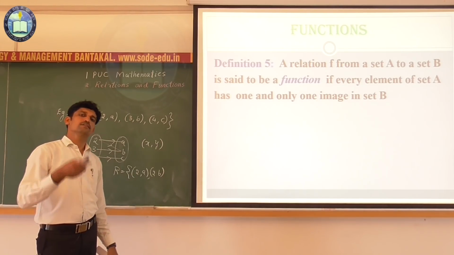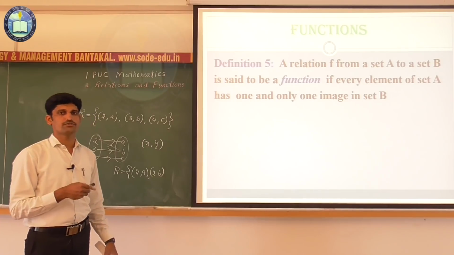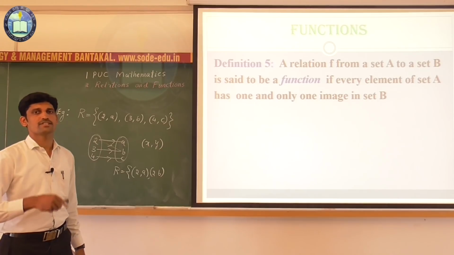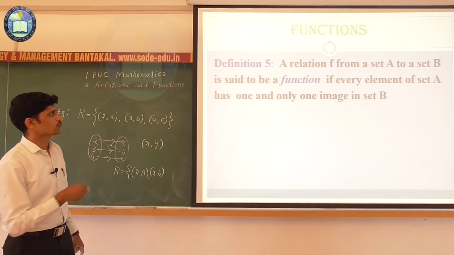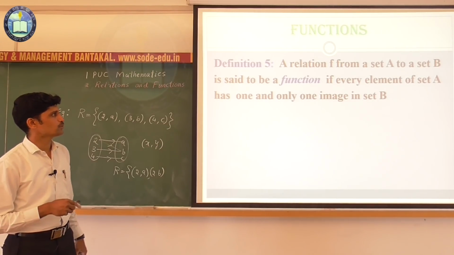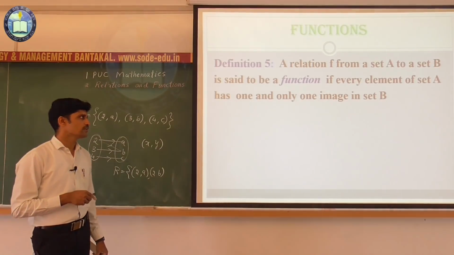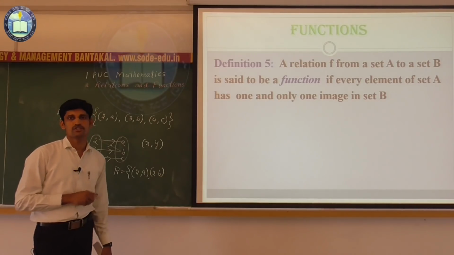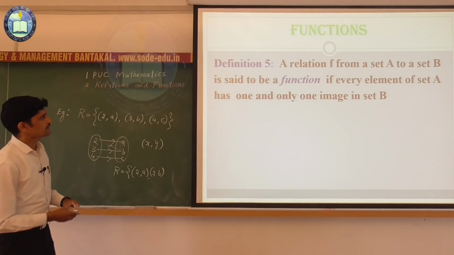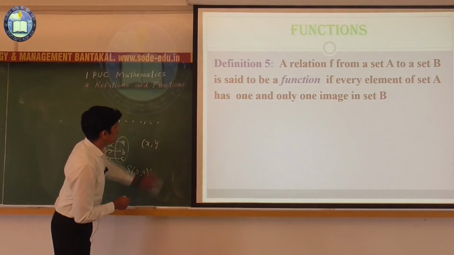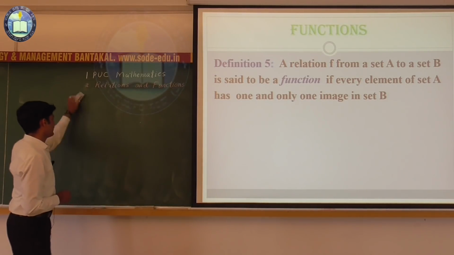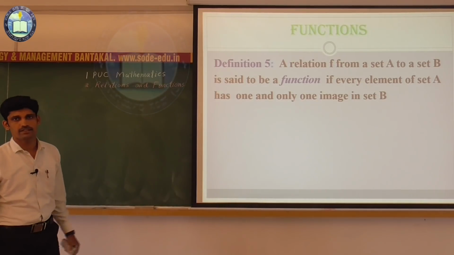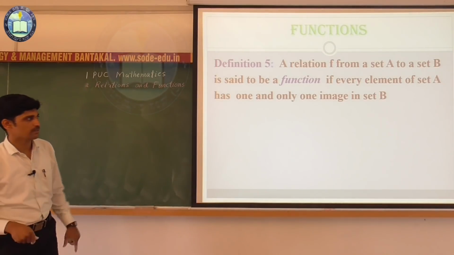A relation is always a subset of the Cartesian product, and the Cartesian product is defined for a non-empty set A and a non-empty set B. So a relation F from set A to set B is said to be a function if every element of set A has one and only one image in set B. Set A has certain elements, all the elements of set A should have an image, and the image of an element is unique. One and only one image must be there.